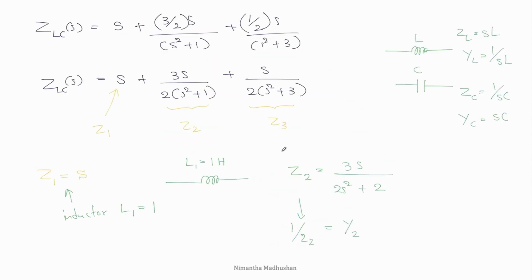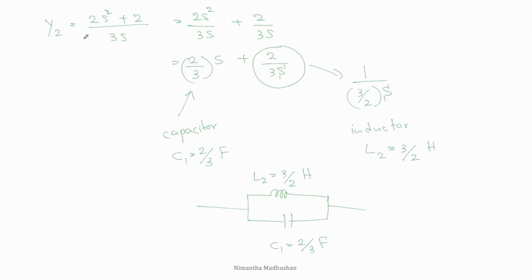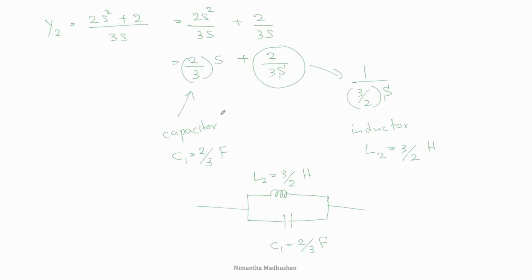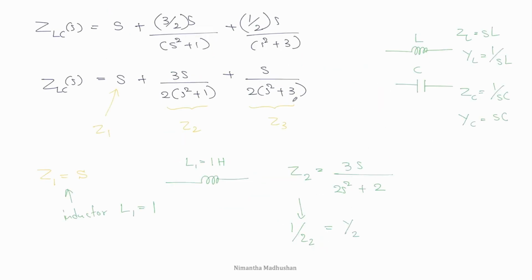Similar to the previous Z2, we can't easily find what are the elements represented by Z3. Then we have to consider 1 over Z3. Here 2 times S square plus 6 is the expansion.